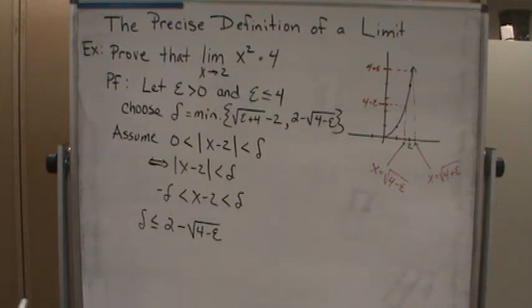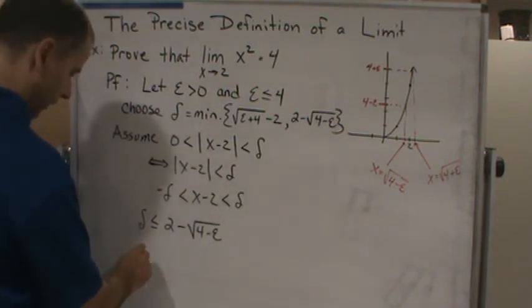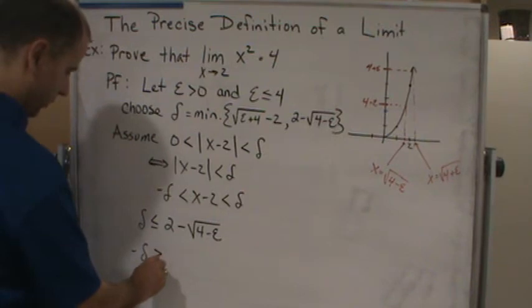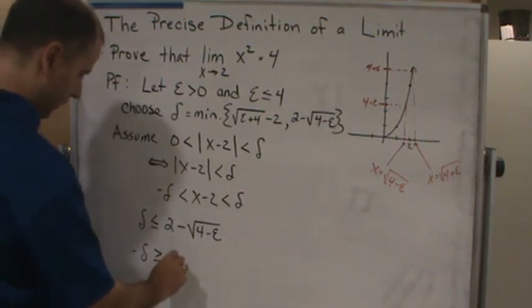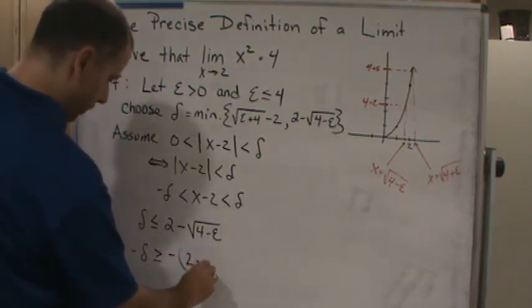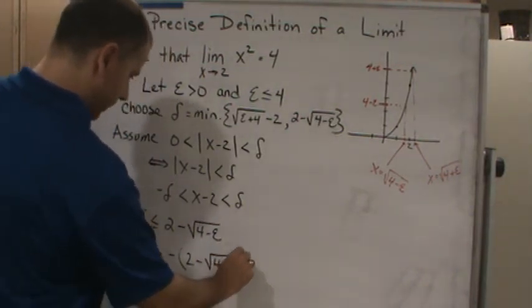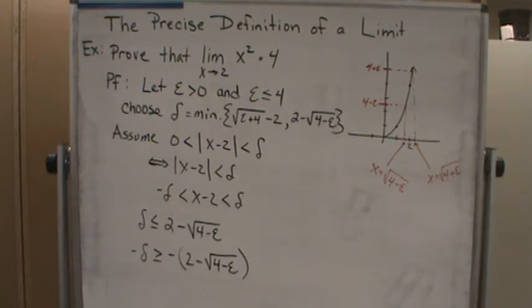And then consequently, negative delta is greater than or equal to negative 2 minus the square root of 4 minus epsilon, right?